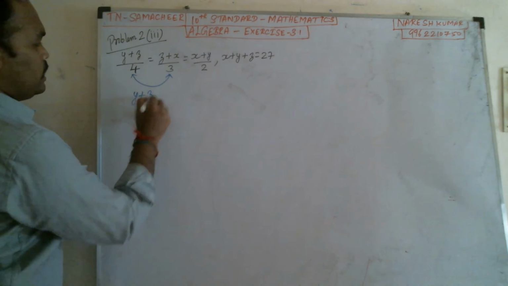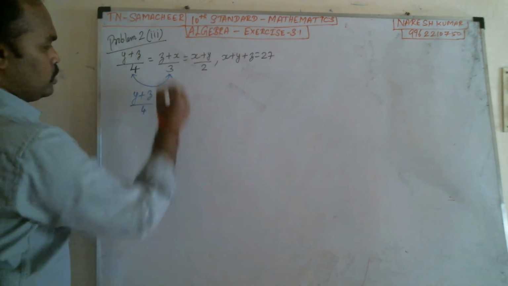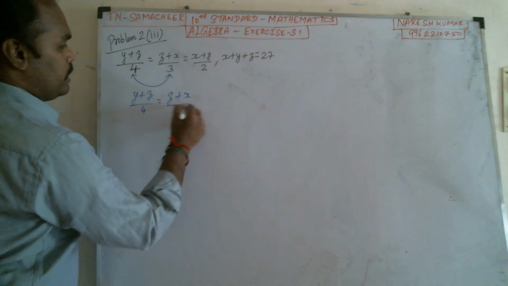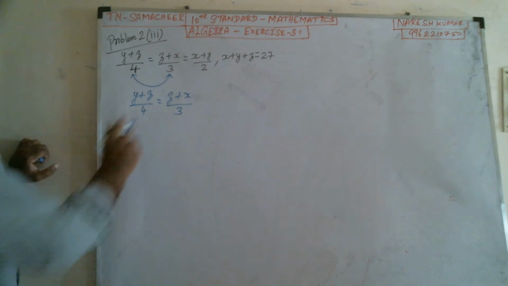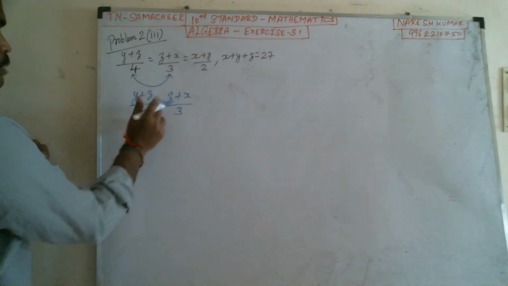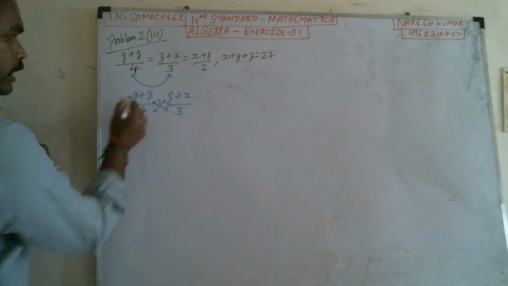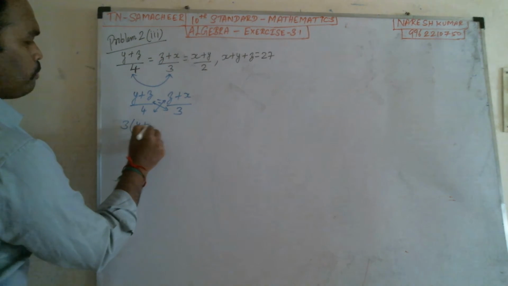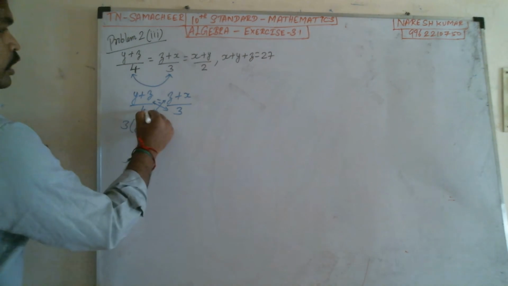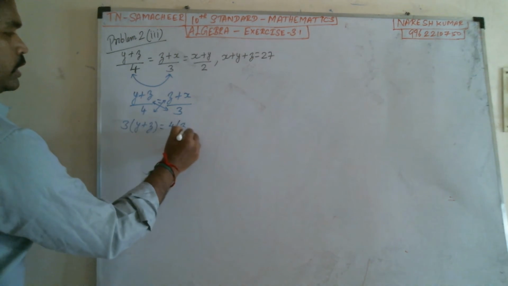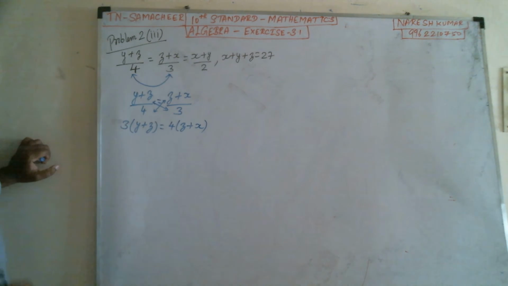(y plus z) by 4 equal to (z plus x) by 3. We need to do the cross multiplication this way. So 3 into (y plus z) equal to 4 into (z plus x).